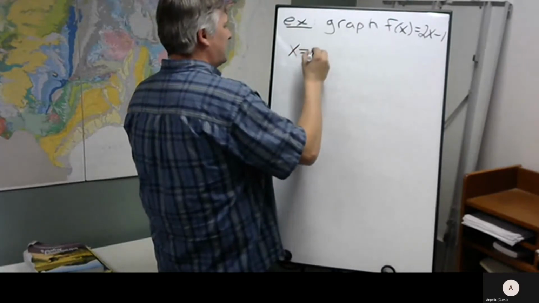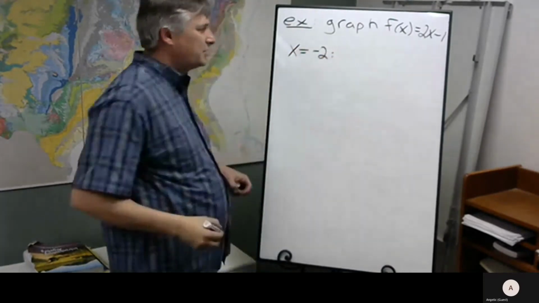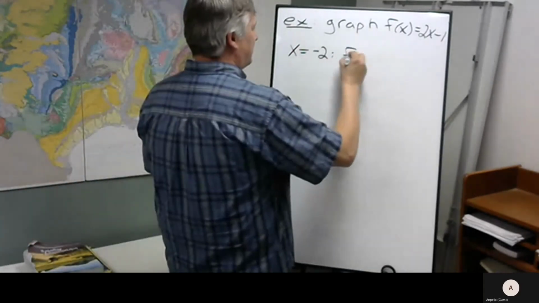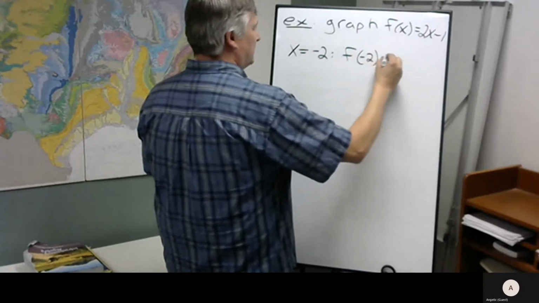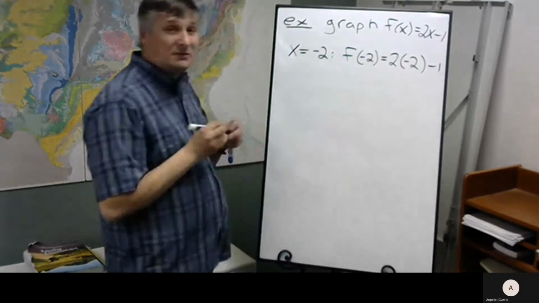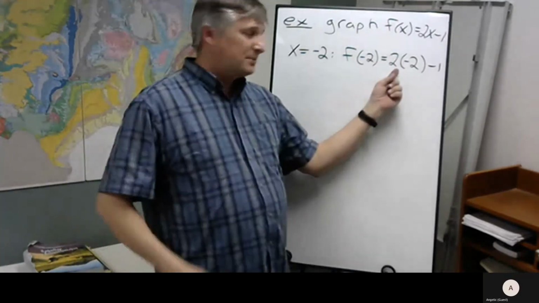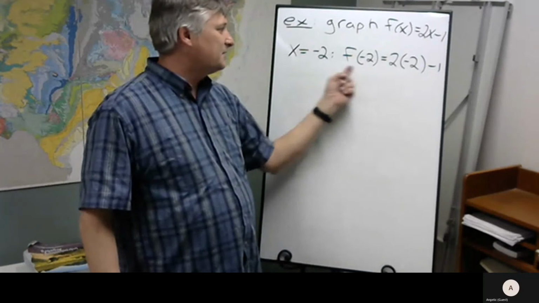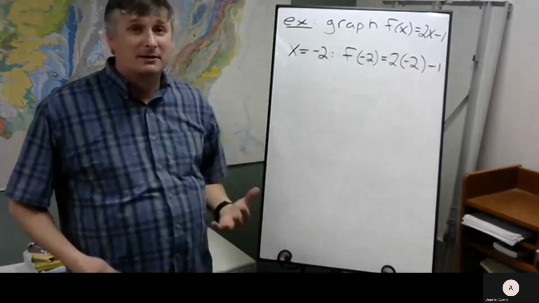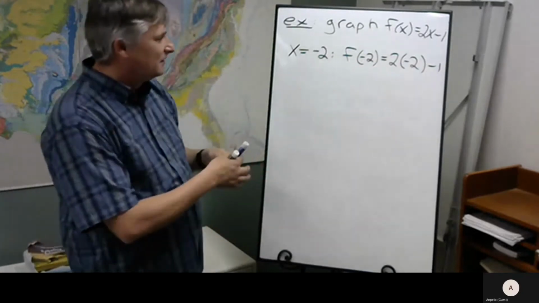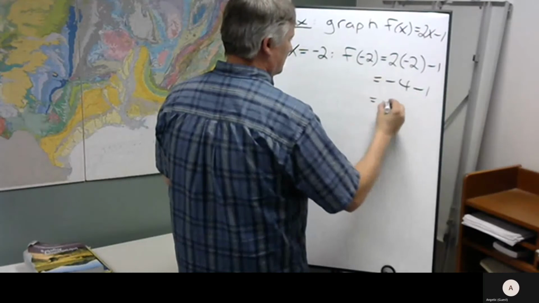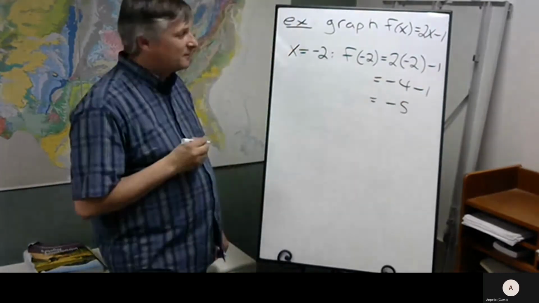So let's say we're going to come up with an ordered pair generated from x is negative 2. So that means we're going to have f of negative 2 equals 2 times negative 2 minus 1. And once again, this means multiplication, but this is a symbol. Negative 2 is going into the factory doors to be processed by this function over here. We get negative 5.